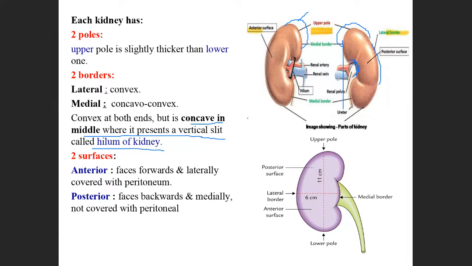The surfaces are the anterior surface and the posterior surface. Here, the anterior surface is covered with the peritoneum. Okay, the posterior surface is not covered with the peritoneum.